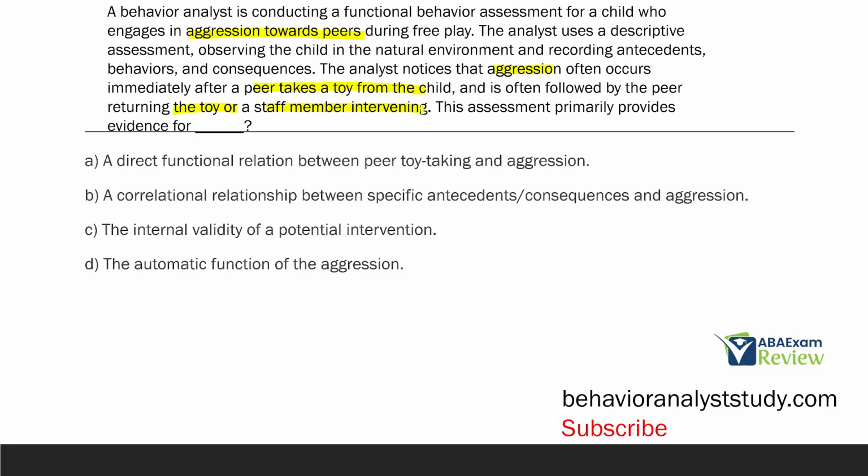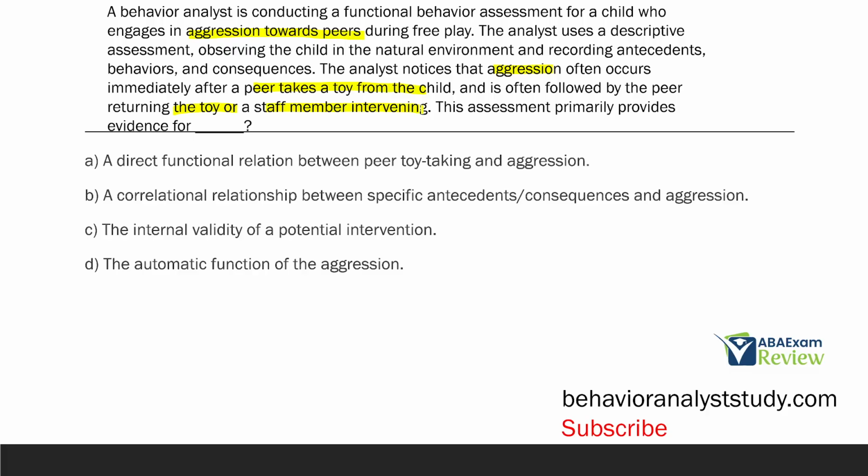To prove a direct functional relation is not an easy thing to do. So this observation is much more proving B, a correlational relationship between specific antecedent consequences and aggression. Now that correlational relationship might lead us to further investigating and intervening.